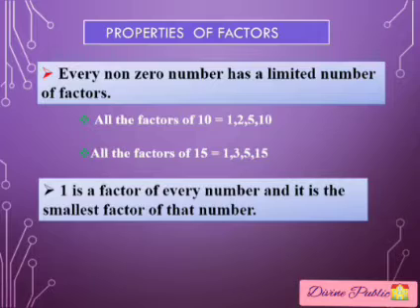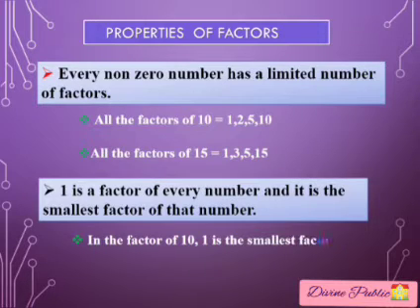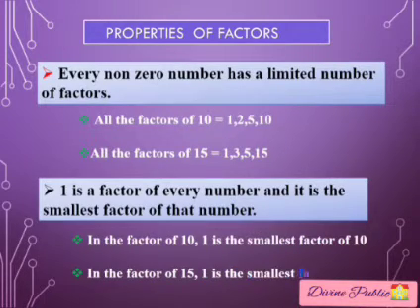Second, 1 is a factor of every number and it is the smallest factor of that number. For example, in the factors of 10, 1 is the smallest factor of 10, and in the factors of 15, 1 is the smallest factor of 15.